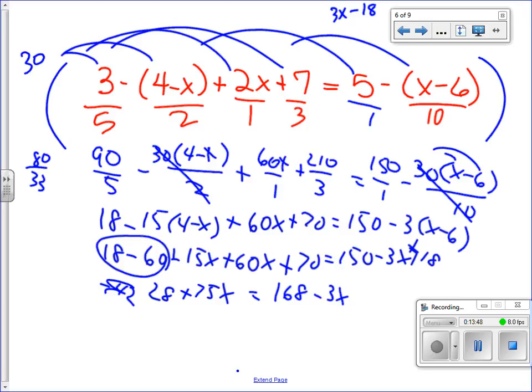Minus 3x. I'm going to add 3x to both sides. I'll subtract 28 from both sides. That'll cancel. That'll cancel. This is going to give me a 78x. This is going to give me 140. Divide both sides by 78.